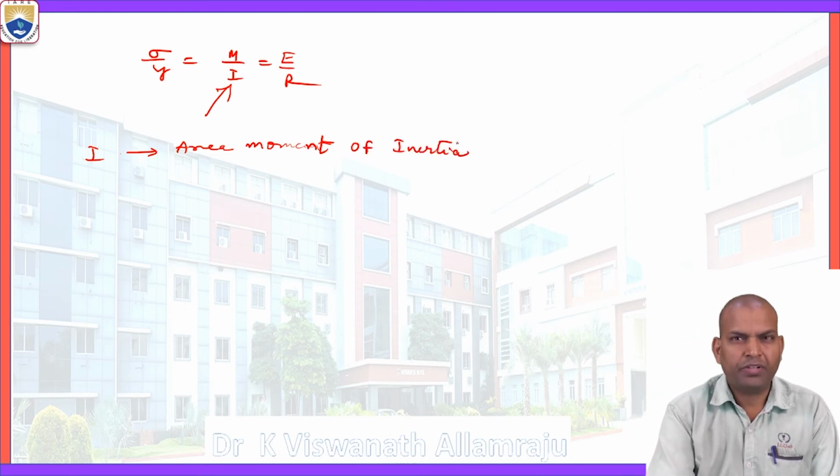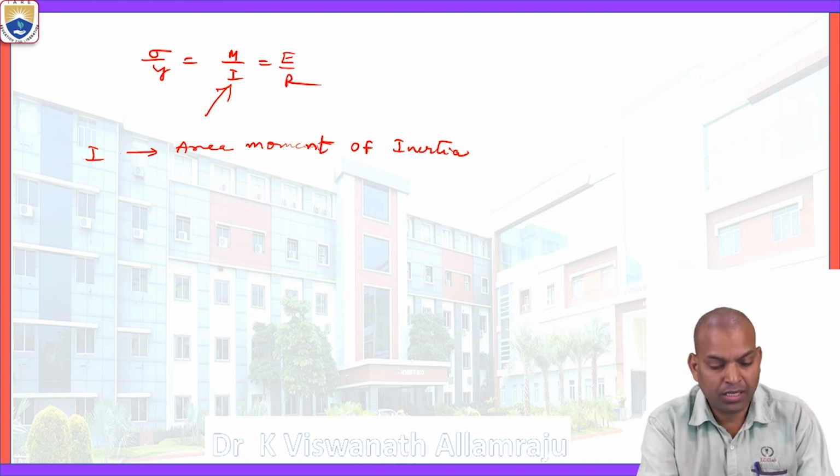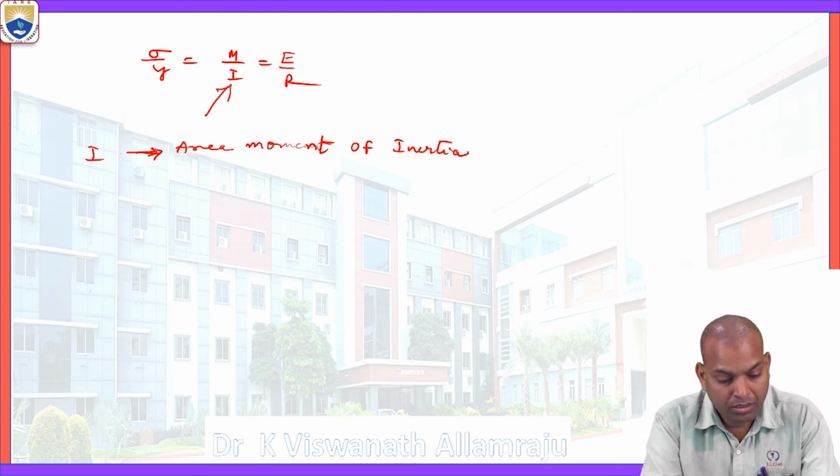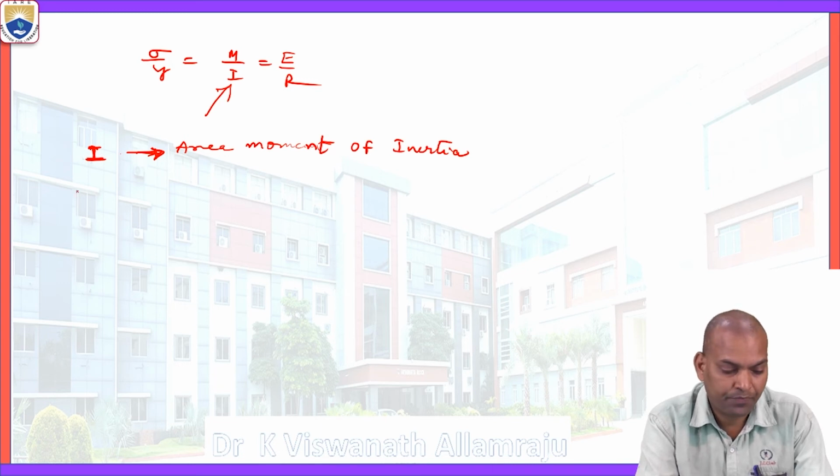There are two types of inertia: one is mass moment of inertia, another one is area moment of inertia. In this theory of bending equation, it is the area moment of inertia.